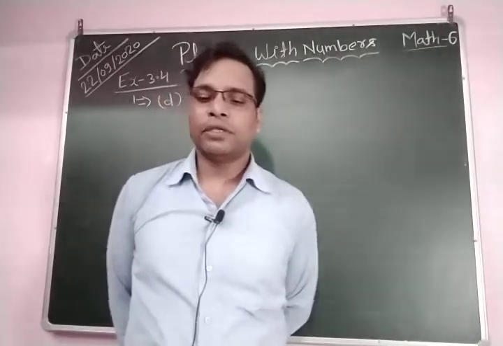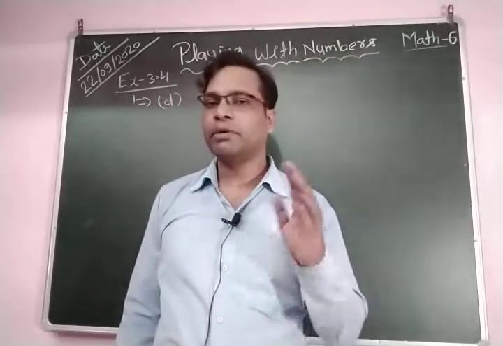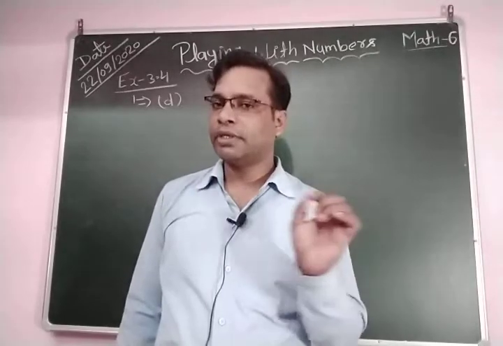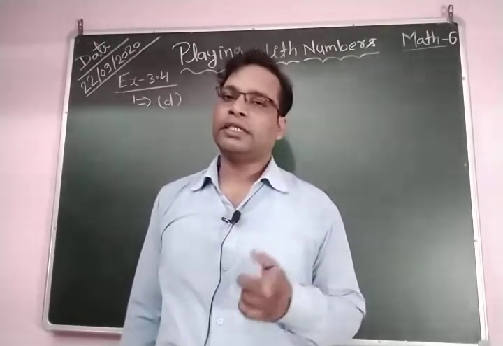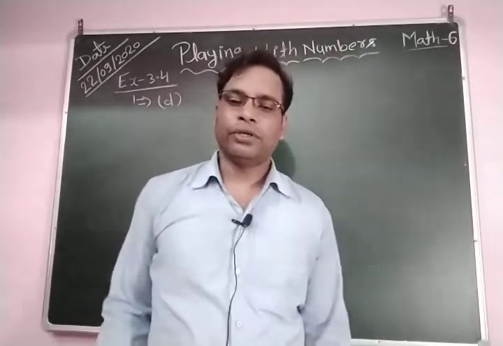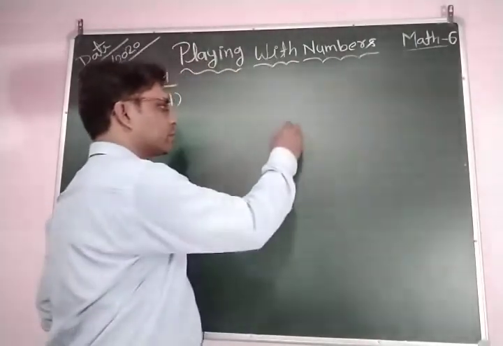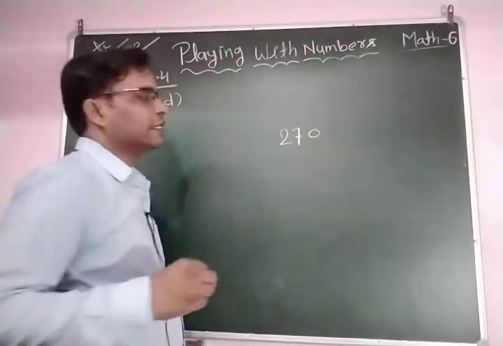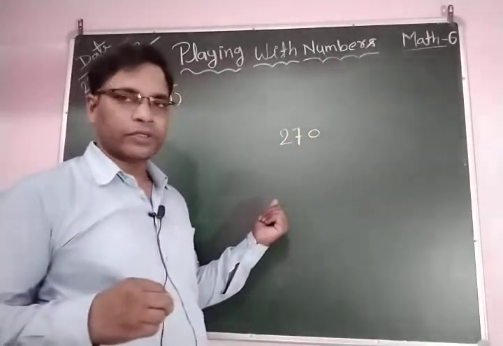Okay, so we select some random numbers that are divisible by 9 and 10 also. It means that the sum of digits is divisible by 9 and the last digit of the number is 0. So for this we take 270.